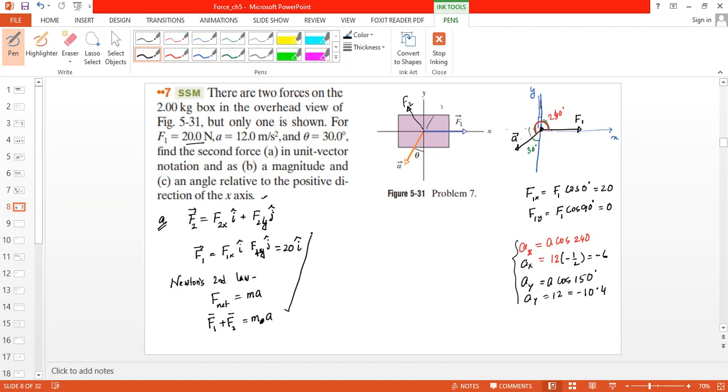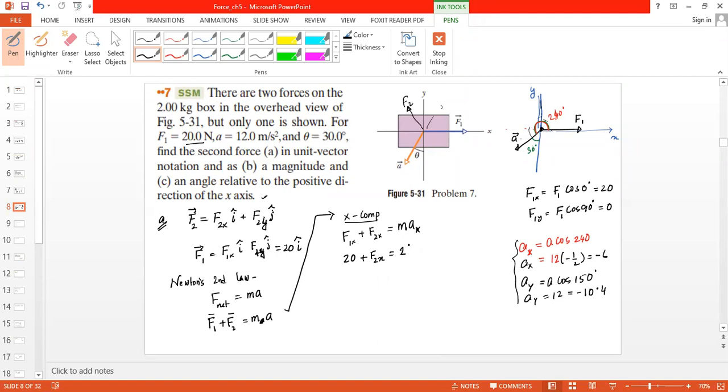Now let's take the x component. The x component of this equation is F1x plus F2x equal to max, right? So my F1x is 20, plus F2x equal to m, the mass of the object, which is 2, times ax.